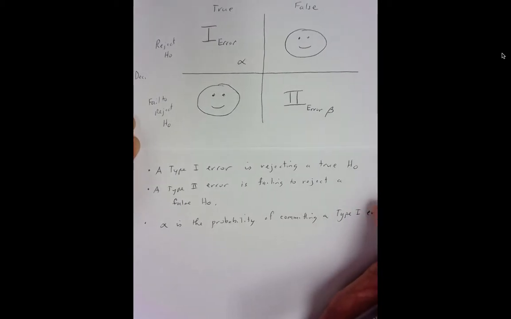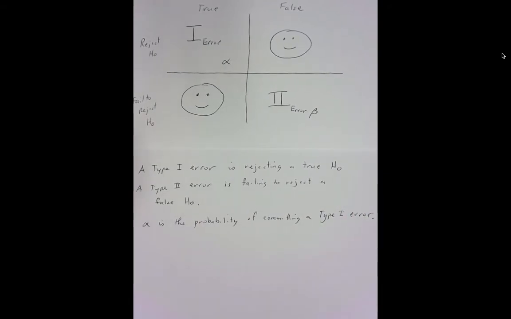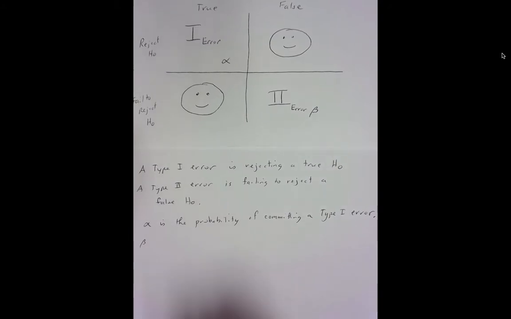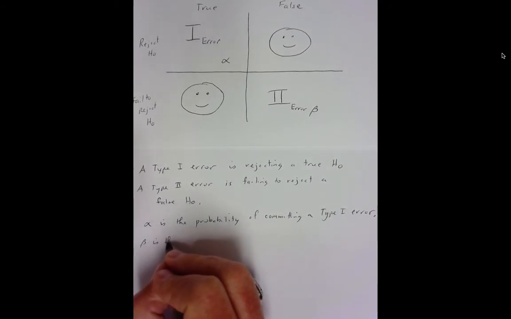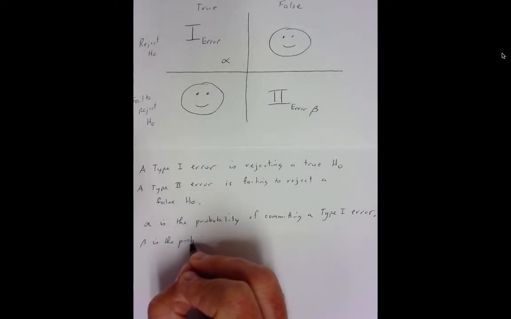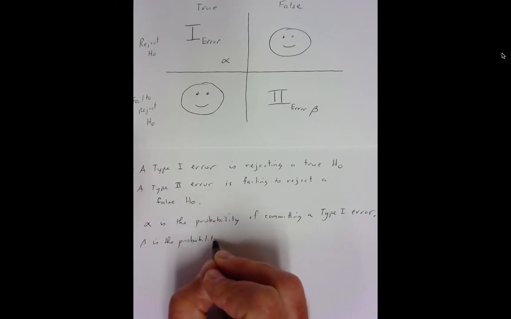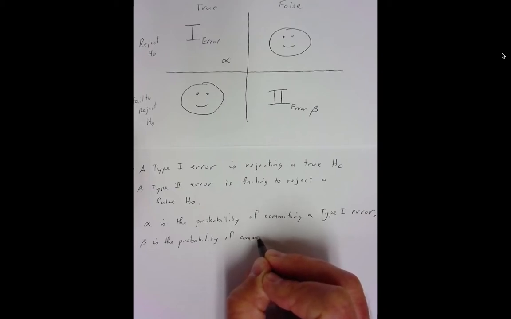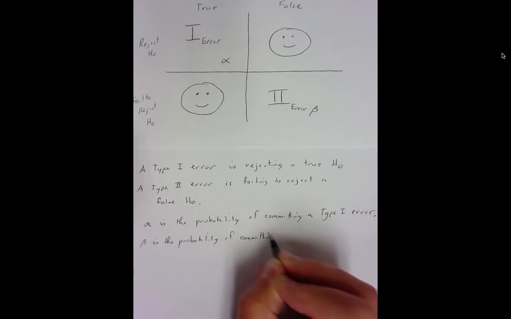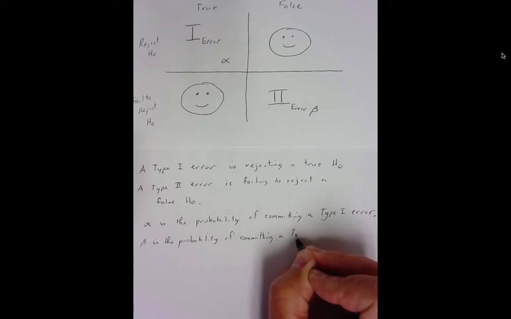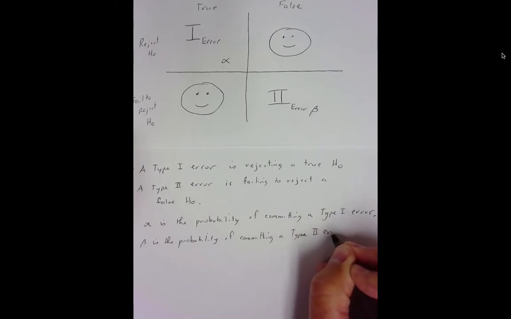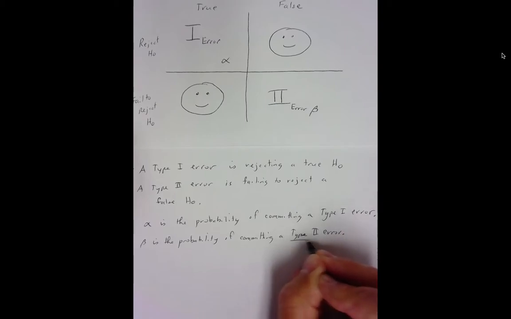Hopefully you can see that, but you can't, can you? All right. What's beta? Beta is the probability of committing a type 2 error.